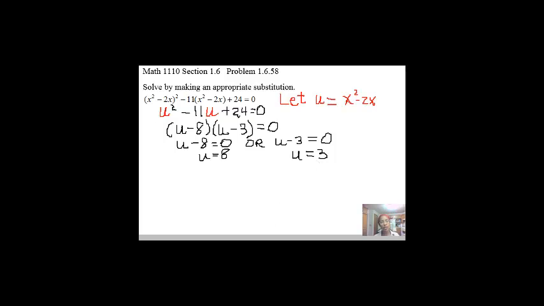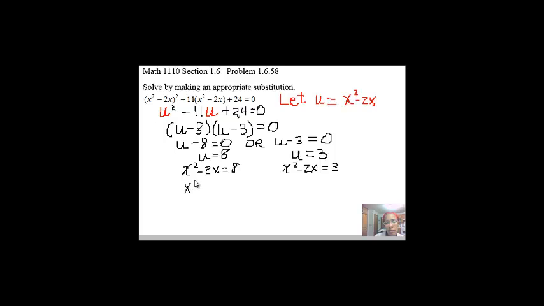Now, I always want to make sure I wind up back in my original variable, which was x. So I'm actually going to replace the u's now with x squared minus 2x, because that's what I said they were equal to. So x squared minus 2x equals 8, or x squared minus 2x equals 3.